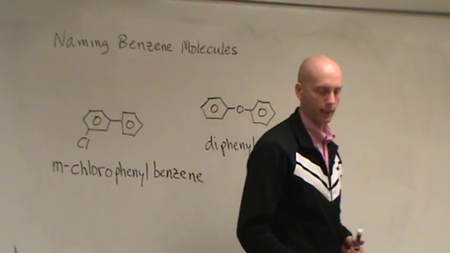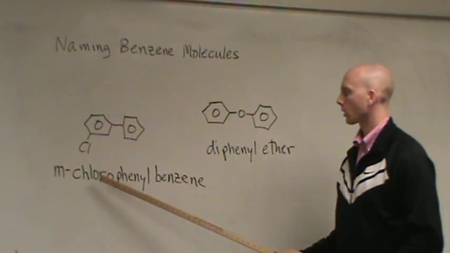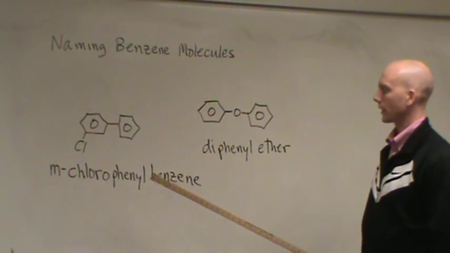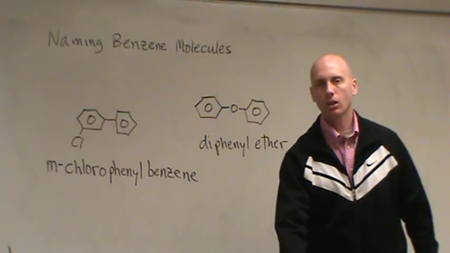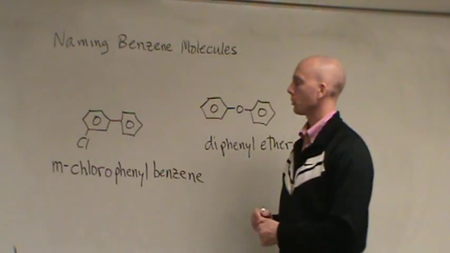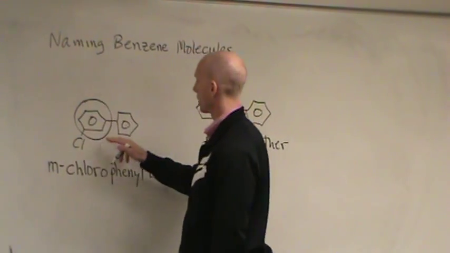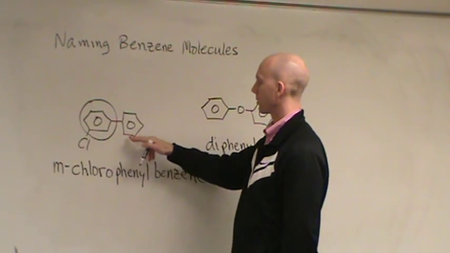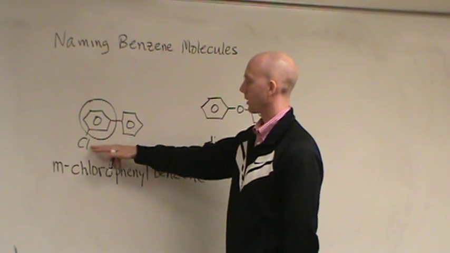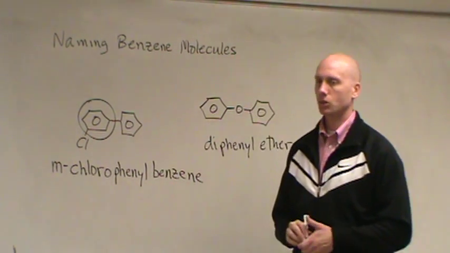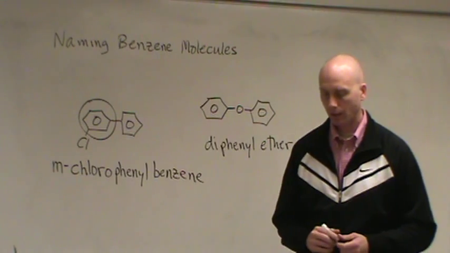So here we would have meta-chlorophenylbenzene. Okay? So that's how to handle if I have 2 benzene rings attached to each other. Use the one in the middle, and name one as phenyl and the other as the whatever group it is.